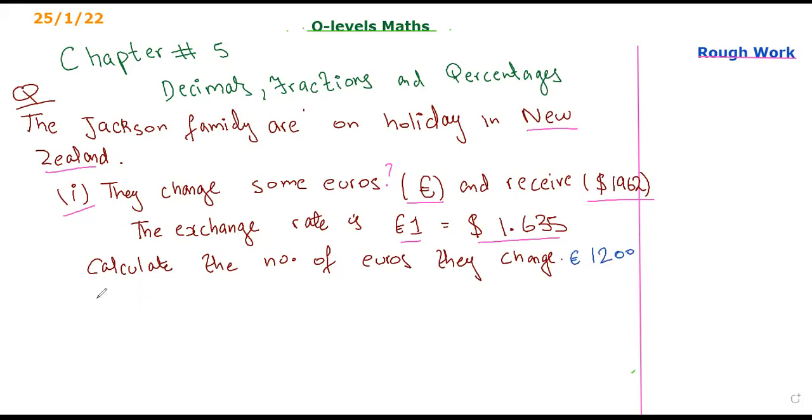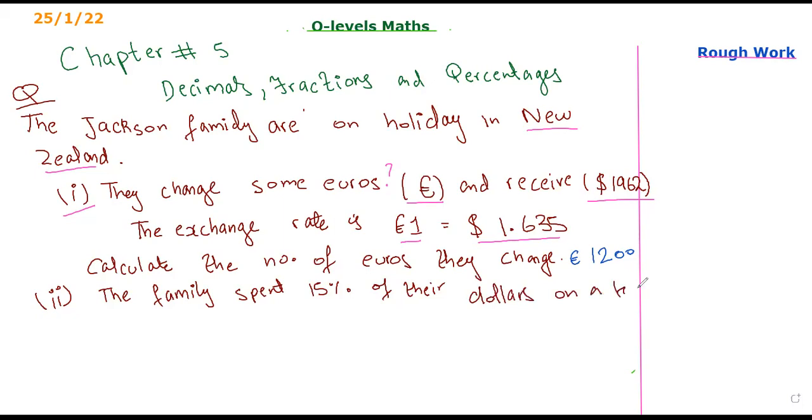So the second part is the family spent 15% of their dollars on a tour.